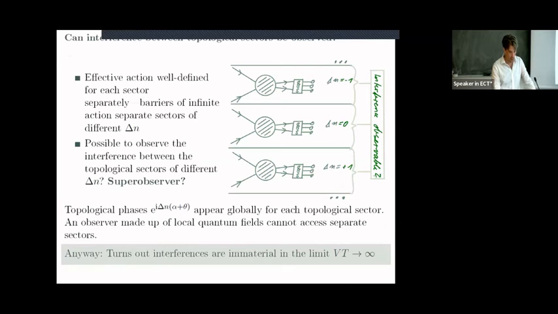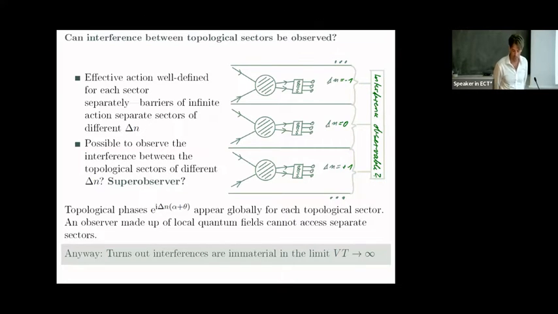Now, there's one thing that is not really in the mathematical presentation of this talk, but it is driving my intuition here: the question is whether interference between topological sectors can be observed. One can derive these two partially reducible effective actions, if you wish, and then you get equations of motion for expectation values of quantum fields in each topological sector.